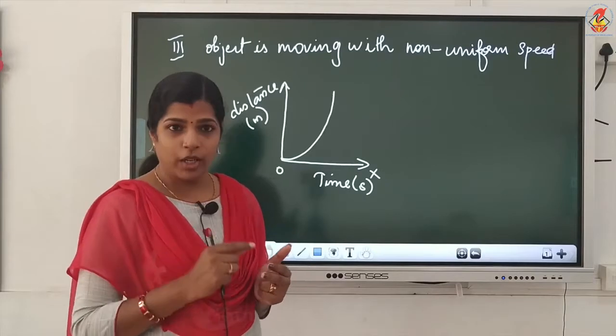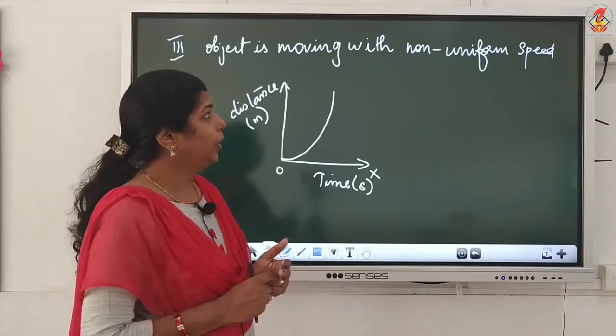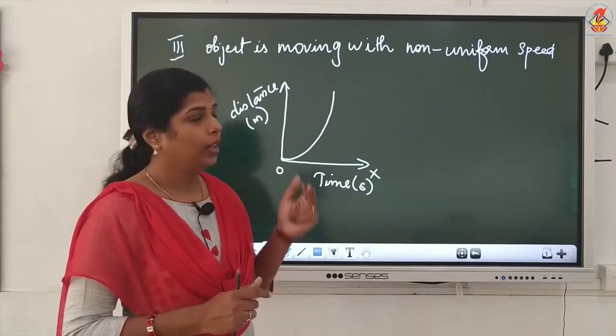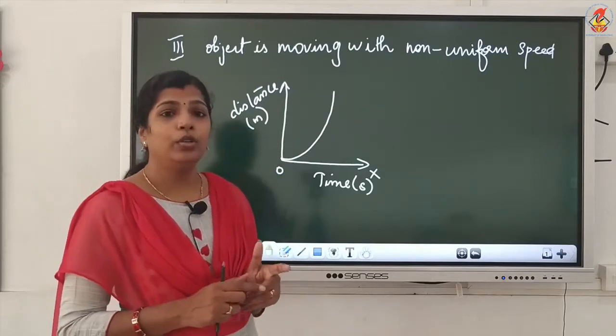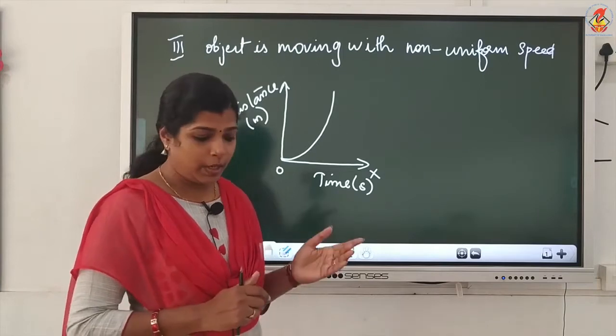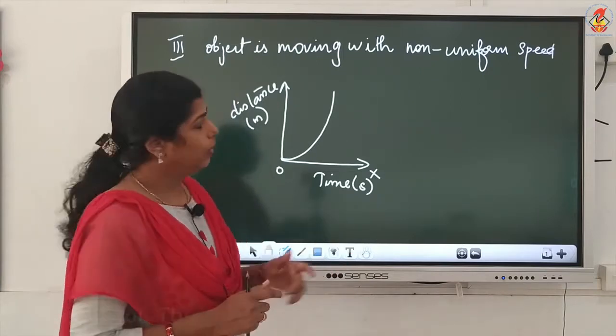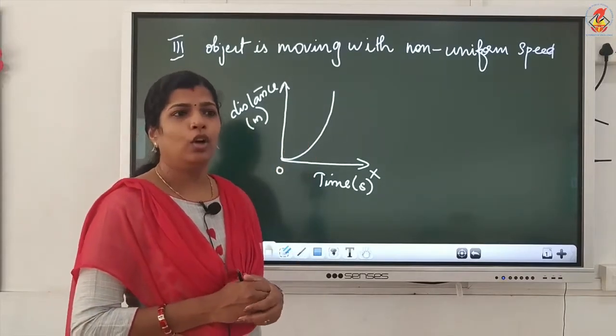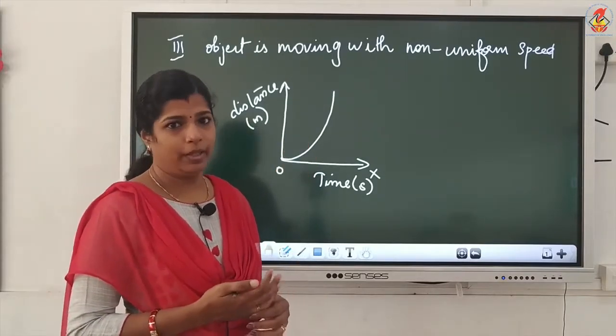The equation to find the slope of the graph is y2 minus y1 by x2 minus x1. Then third one, with non-uniform speed, means the speed is not constant. You will get the shape of the graph like this, a curved line or a zigzag line.